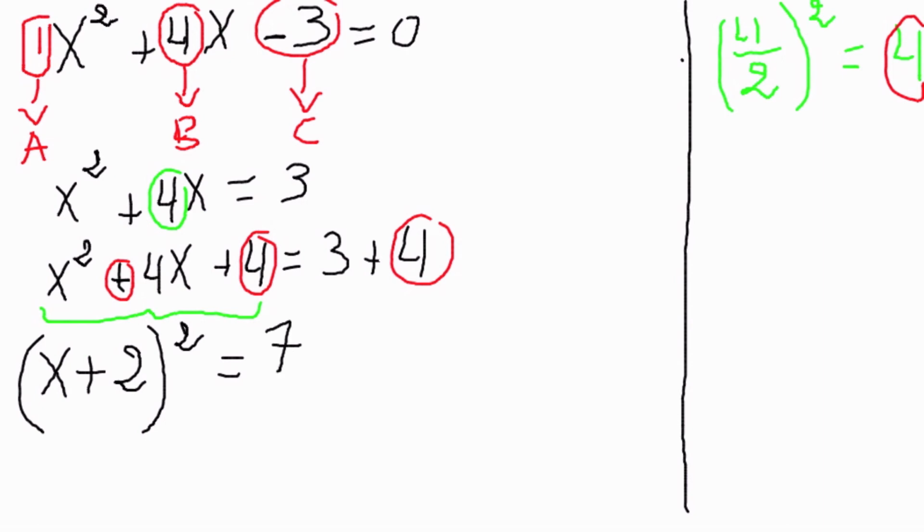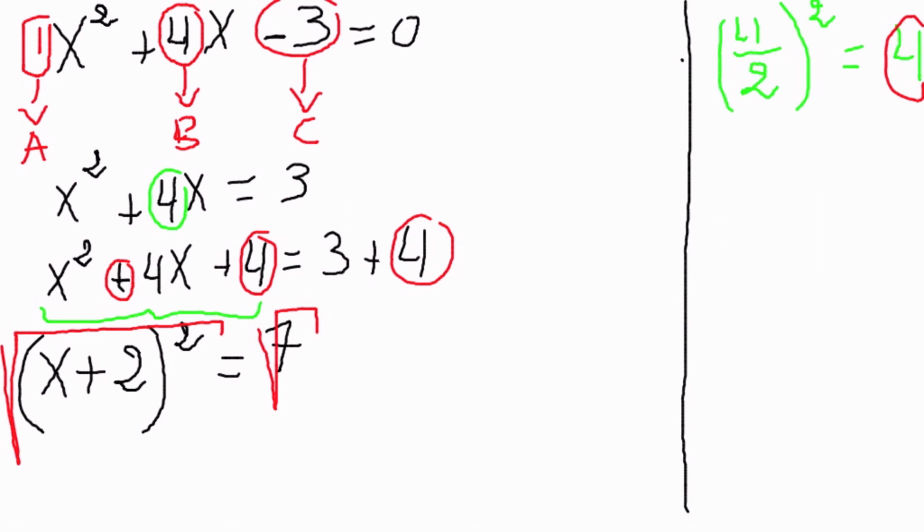Alright, now since I have a square equals to a number, to get rid of the square, I'm going to plug the square root. If I plug square root on this side and square root on this side, the square will cancel with the square root.